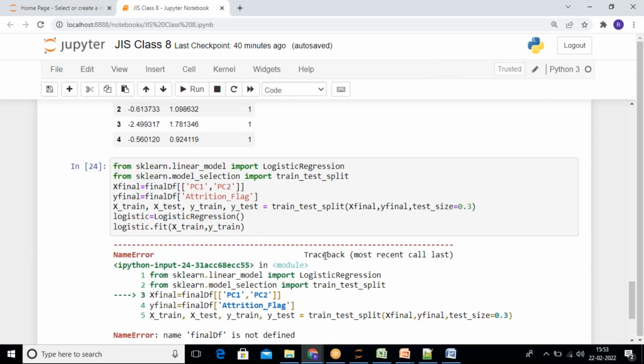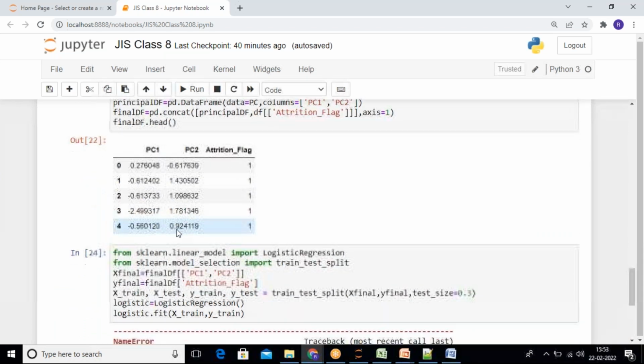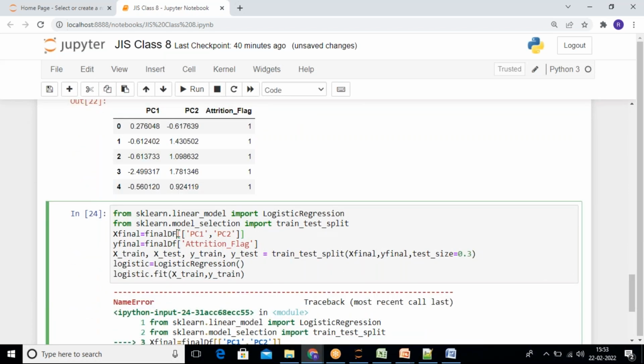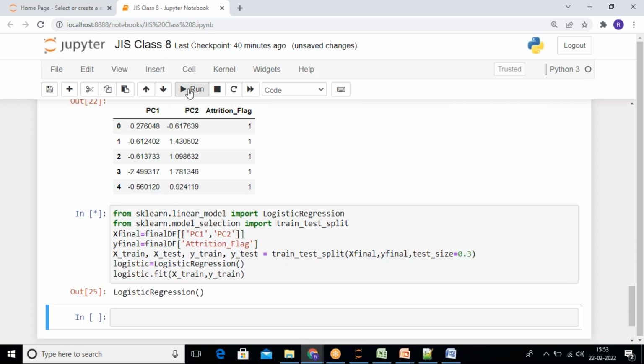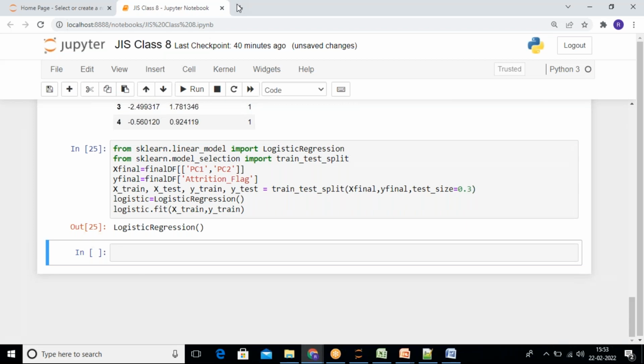The model is trained. Now what I have to do is give the prediction, and then go for the testing part.